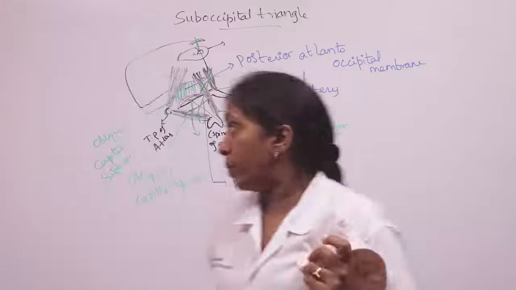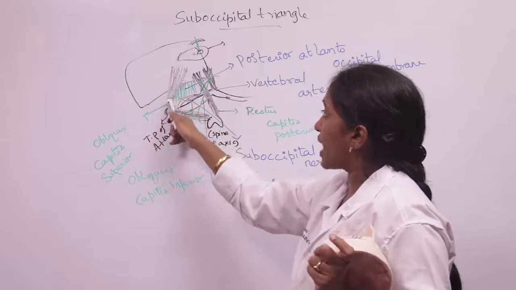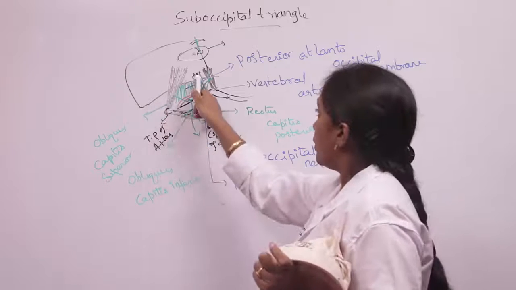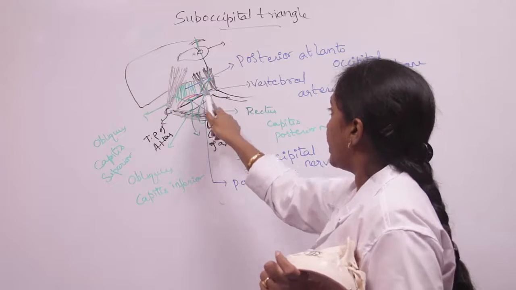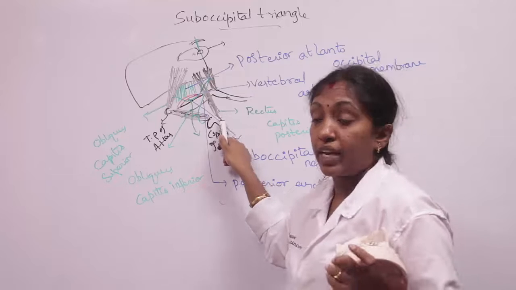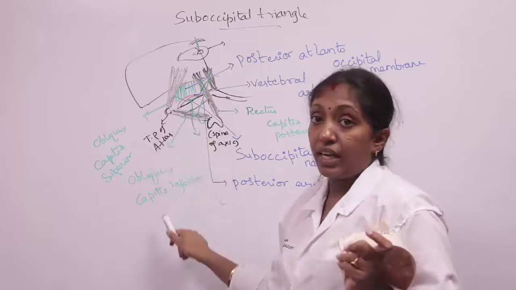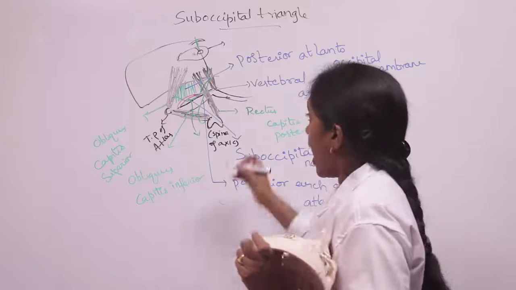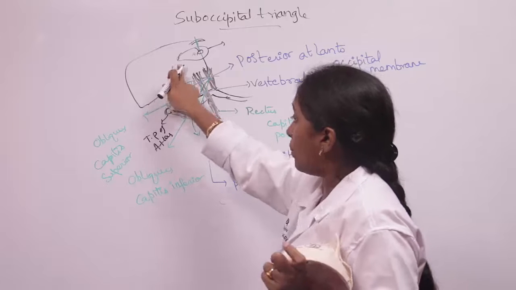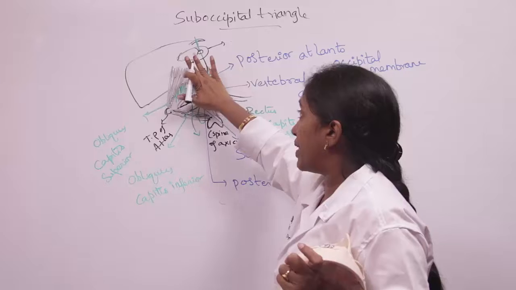So the suboccipital triangle is bounded superolaterally by the obliquus capitis superior, superomedially by the rectus capitis posterior major, and inferiorly by the obliquus capitis inferior. So these are the boundaries of the suboccipital triangle, and here the insertion of the obliquus capitis superior overlaps the insertion of the rectus capitis major.